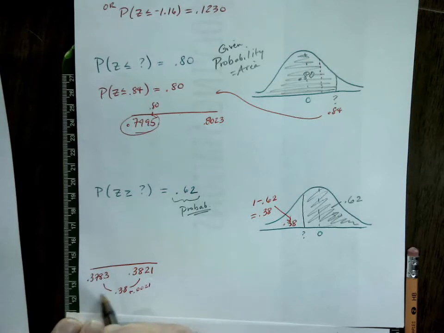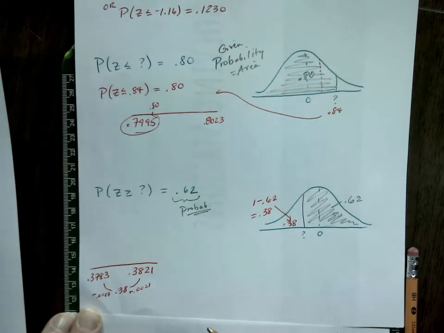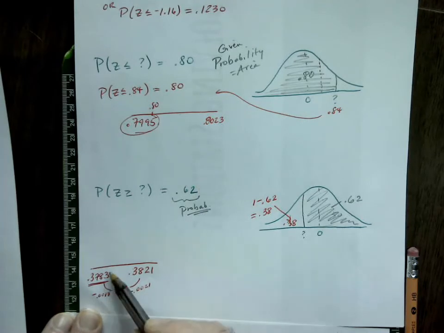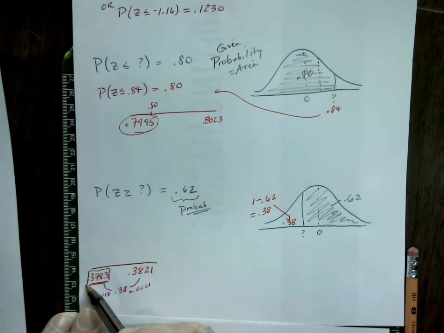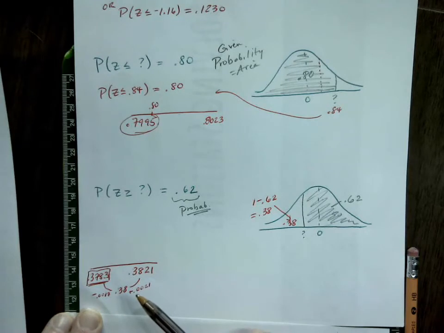And you can use a calculator, but you would have to subtract 0.0017 to get to this one. So it's closer, not by a lot, but it's closer to this one. Happens to be two problems in a row that were closer to the lower one, but that won't always be the case. Okay? So we're closer to the 0.3783.